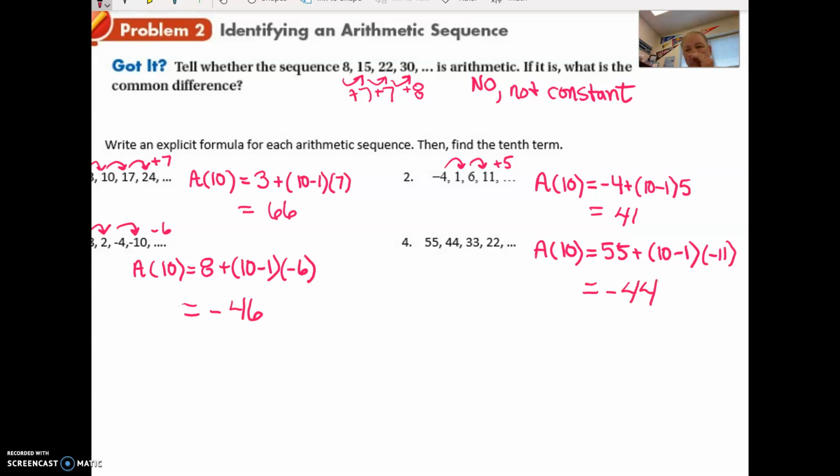So you want to check those, make sure that you're getting those answers, and make sure you're using order of operations correctly, because that can be a little tricky. Parentheses, then multiplication, then the addition. That's how you work those out. A lot of times the calculator will do it for you, but I tend to not trust calculators as much because sometimes I feel like they mess up on the negative signs.